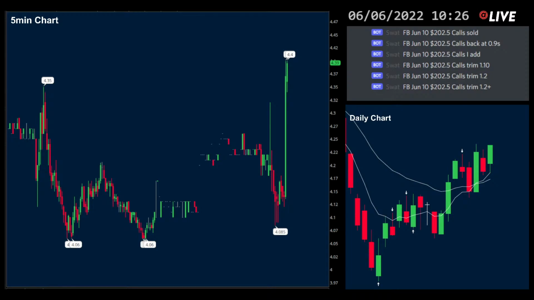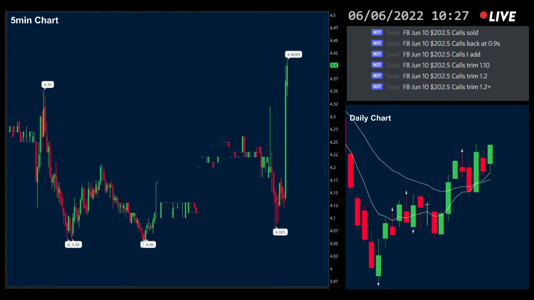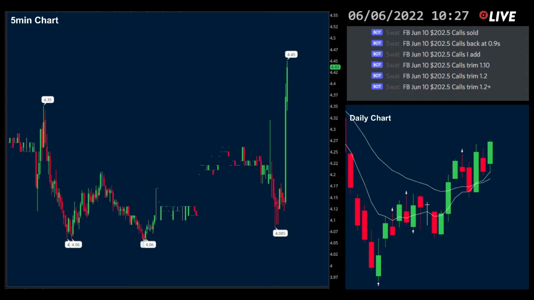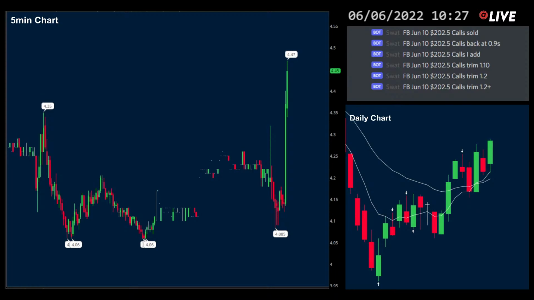FSLR, nice move on FSLR, guys. New highs on the day, and explodes. FSLR going. Getting hot.